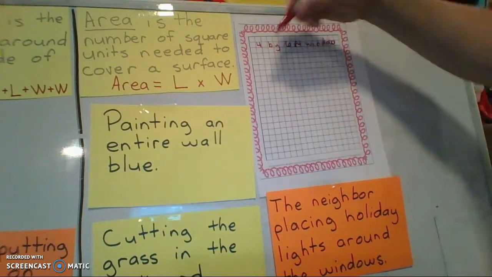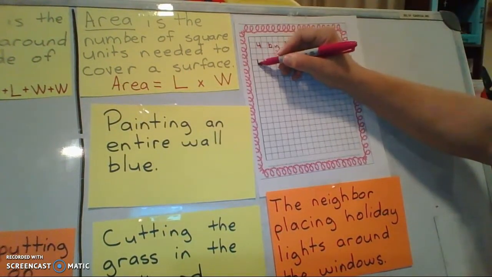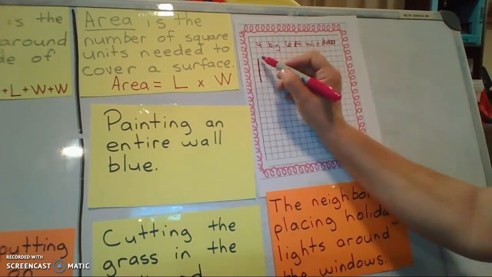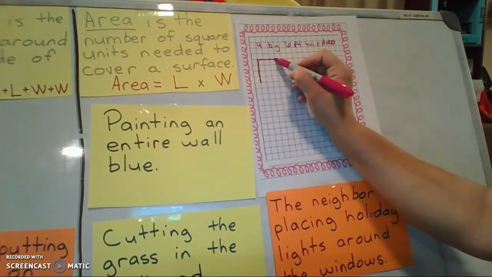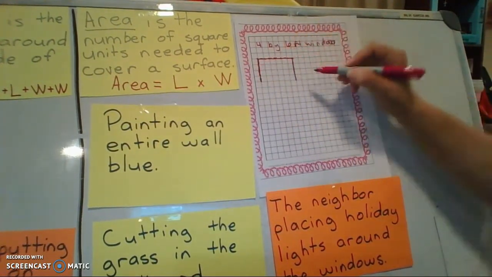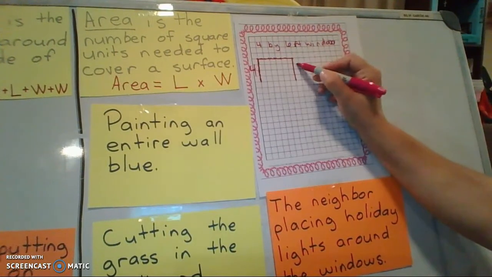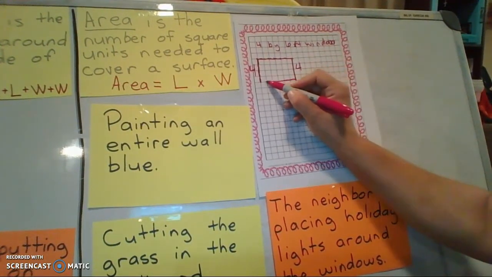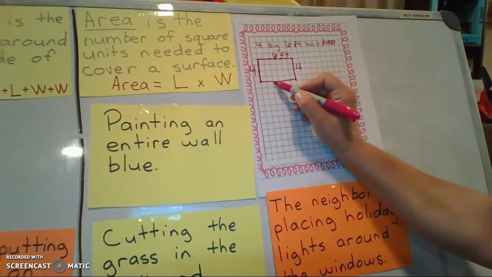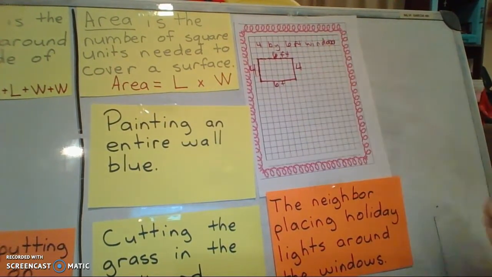What this would look like would be 4 units down and 6 units across. 4 units down because it's parallel, 4 feet, 4 feet. 6 units across because this was 6 feet and this was 6 feet. So there we have a model of what the window would look like.